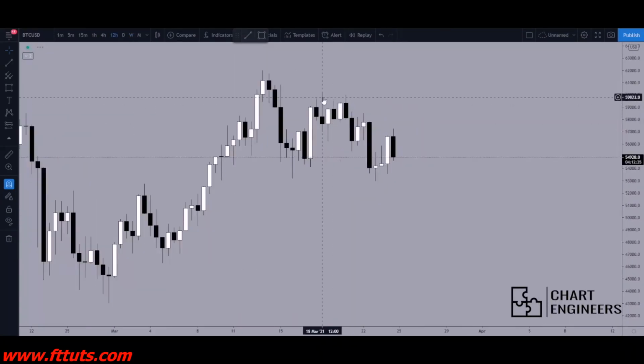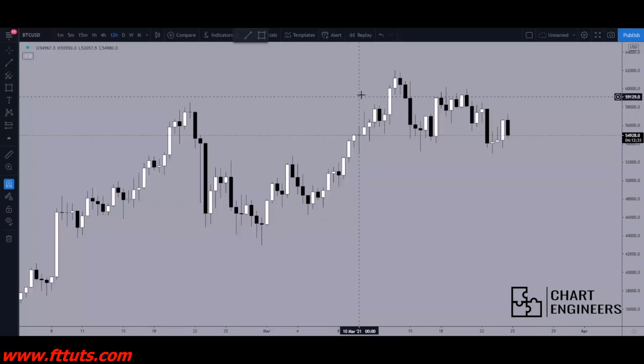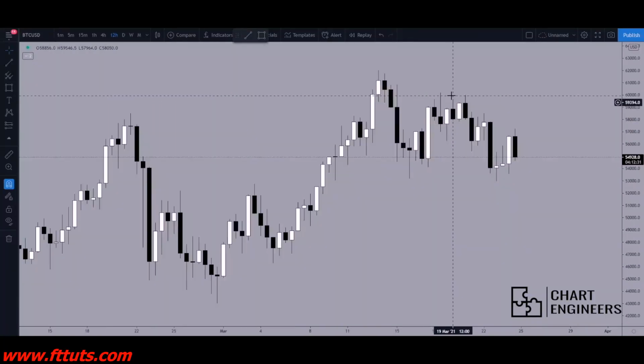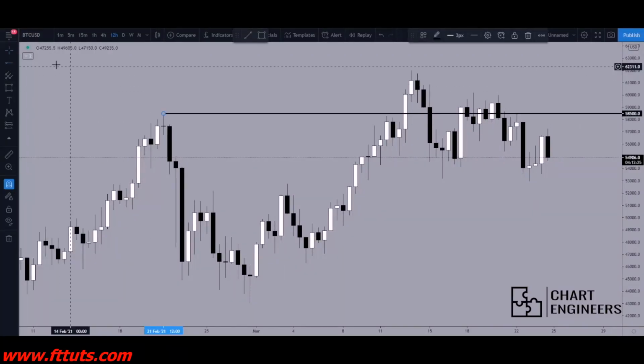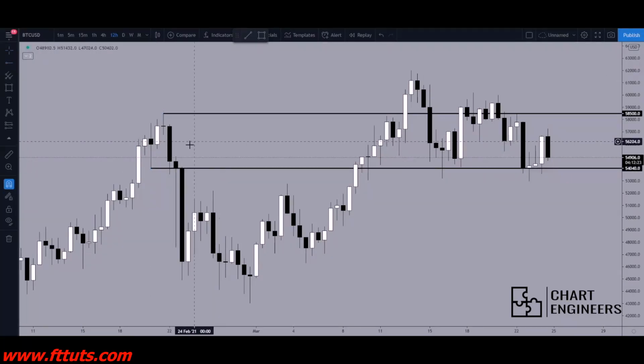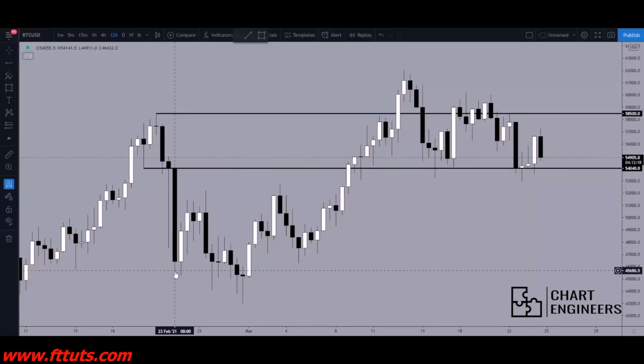Now let me get into how I would trade this on my intra-week perspective. To start, we're going to have our 12-hour market structure high and our 12-hour market structure low. So that low, that high, and as we can see, we've now gone into a downtrend.